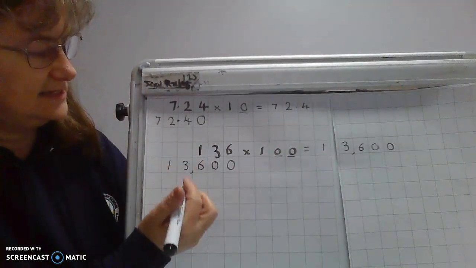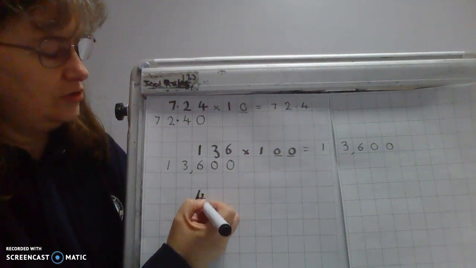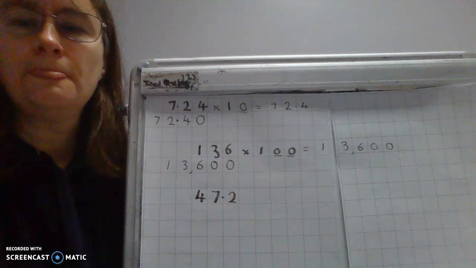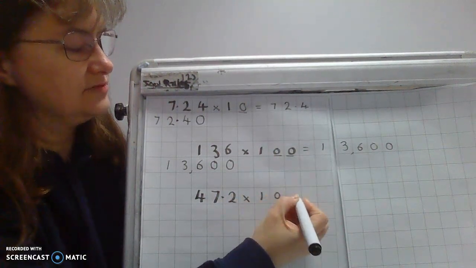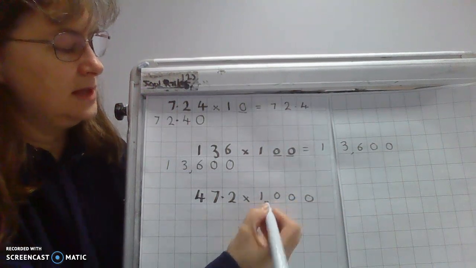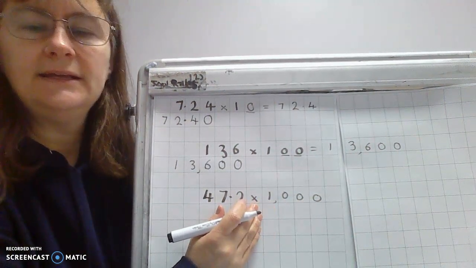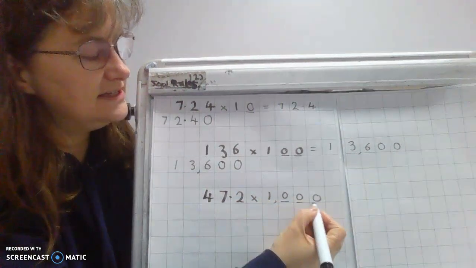My next example I'm going to do is 47.2. This time I'm going to multiply it by 1,000. So 47.2, multiplying, getting bigger, 1,000, 3 zeros this time.